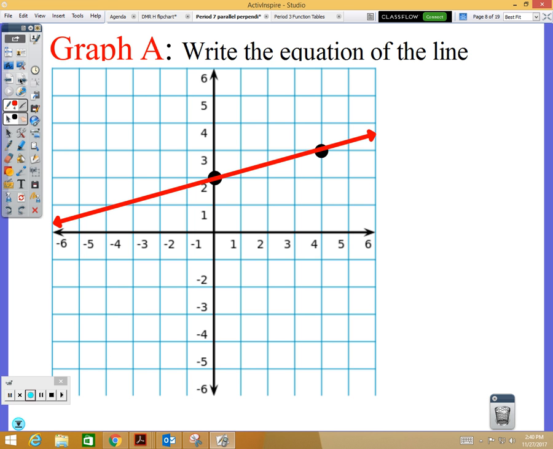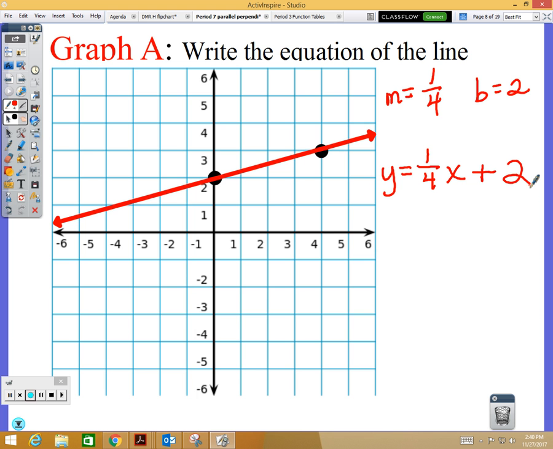So the y-intercept is 2. The slope is 1/4, up 1, right 4. So you should have written the equation y equals 1/4 x plus 2. Okay?